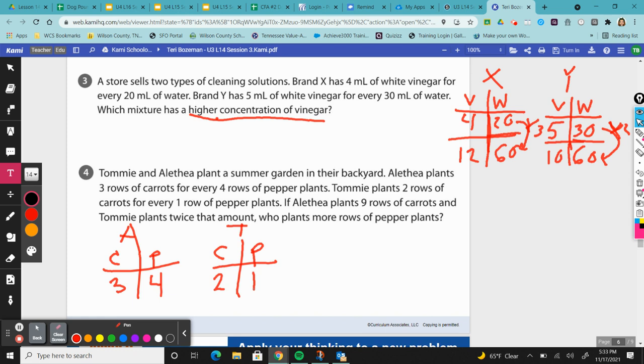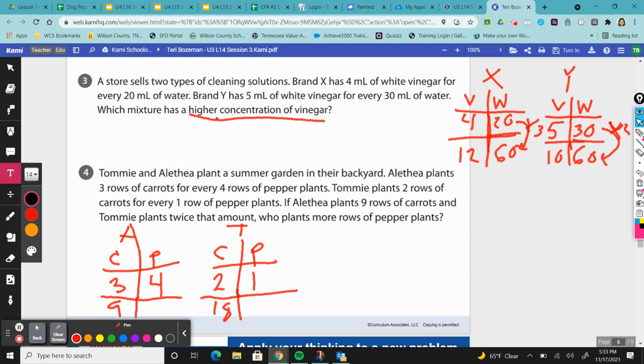If Athena plants 9 rows of carrots, there's some information. Athena now has 9 rows of carrots. Okay. And Tommy plants twice that amount. Twice of 9. 9 times 2 is 18.